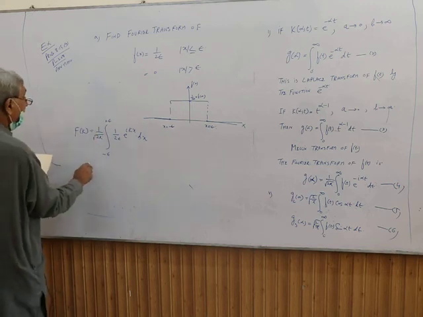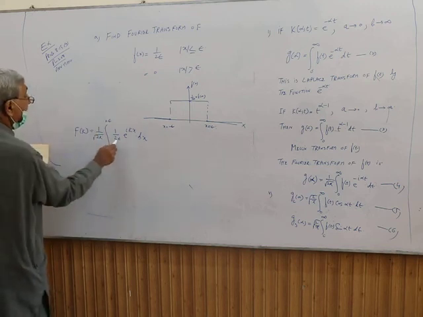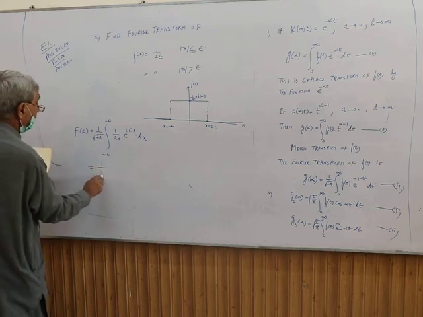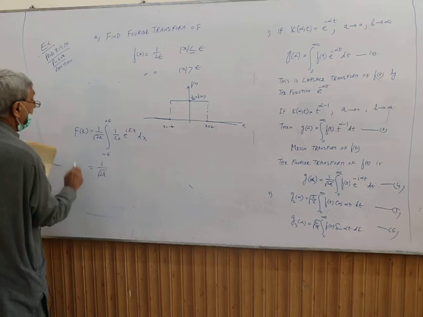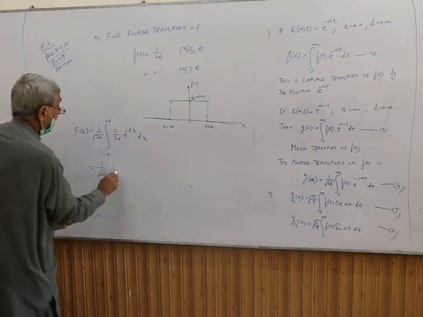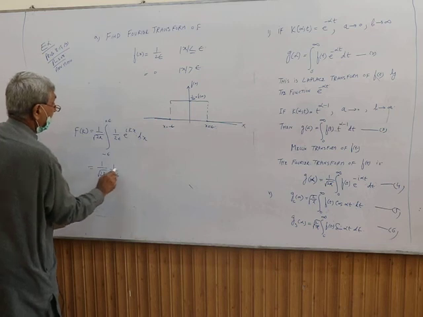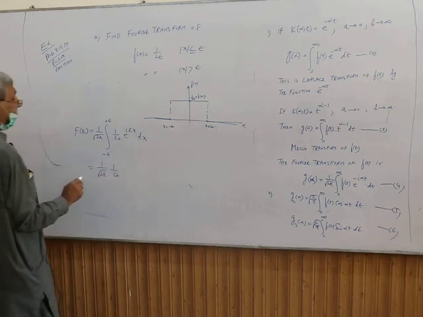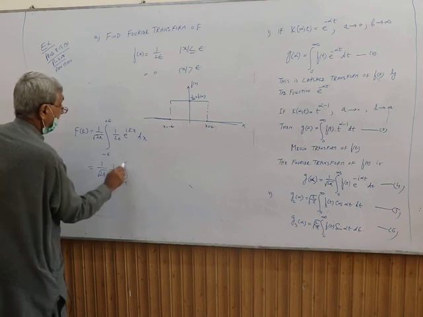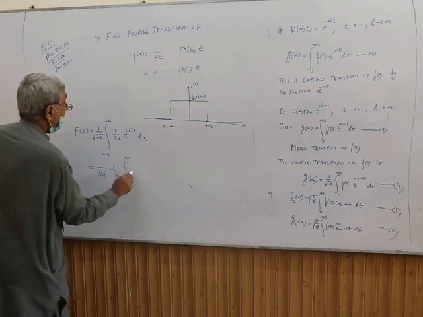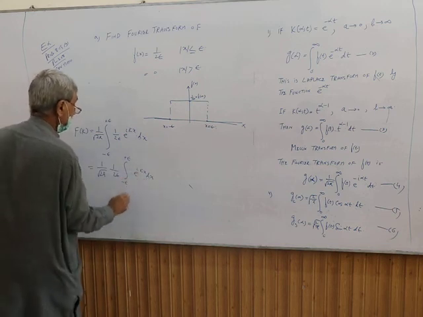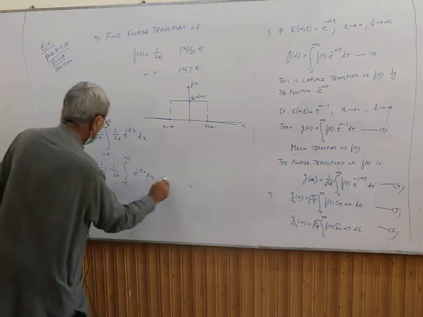This is what you will integrate, and look, if I integrate, this can be taken out: 1 over the square root of 2 pi, 1 over 2 epsilon outside, integral of e raised to ikx dx. Let's integrate.